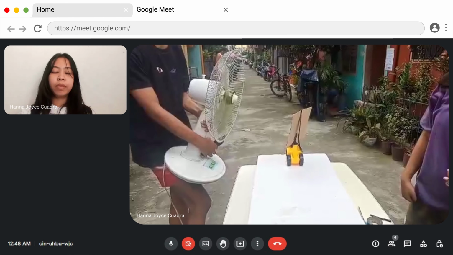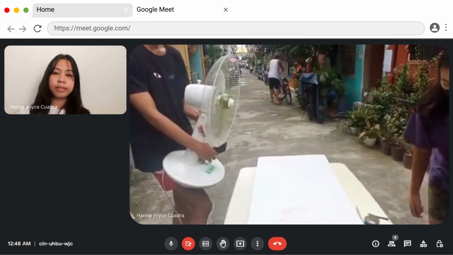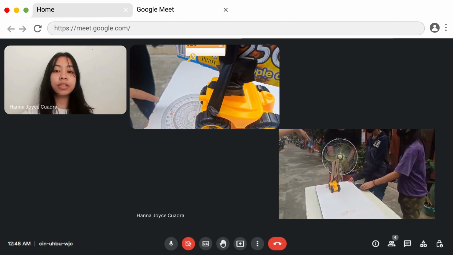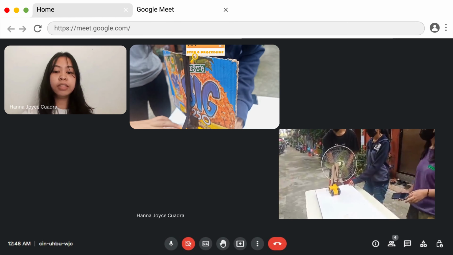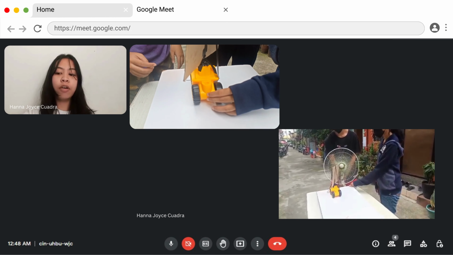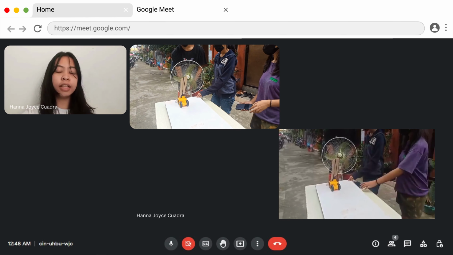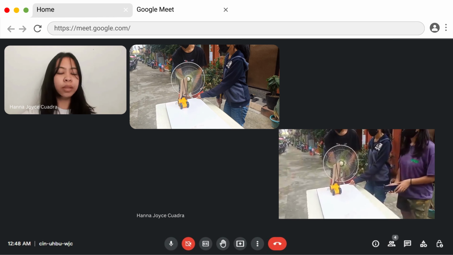Step 5. We repeat step 3 with the fan perpendicular to the wheels. Step 6. We repeat step 3, but this time we direct the wind at a 60-degree angle to the wheels from the front. Question: does the cart sail against or with the wind?